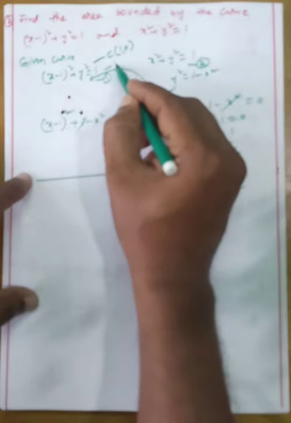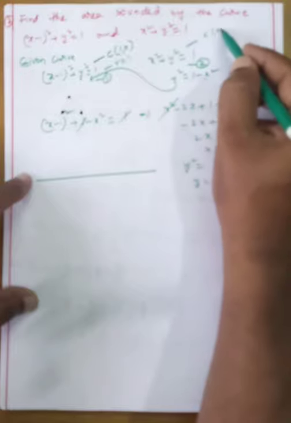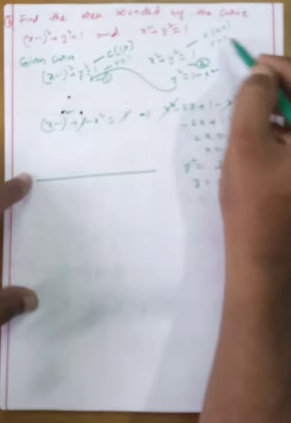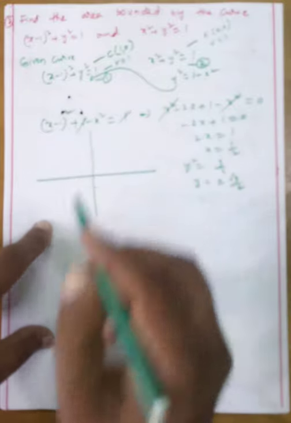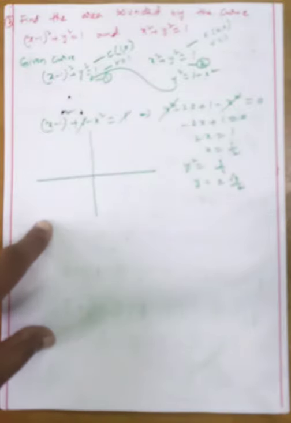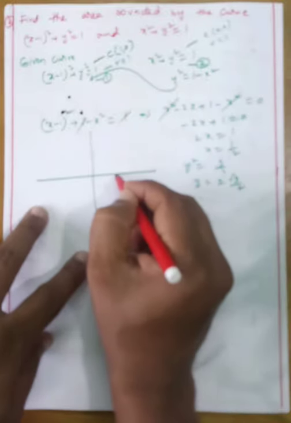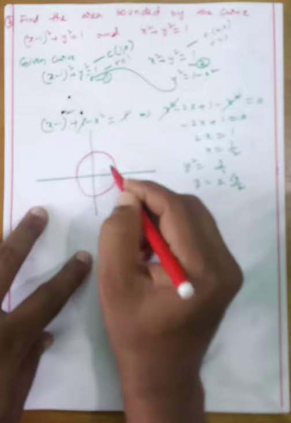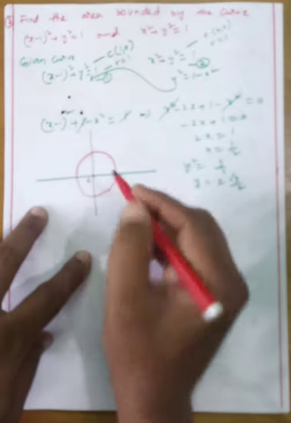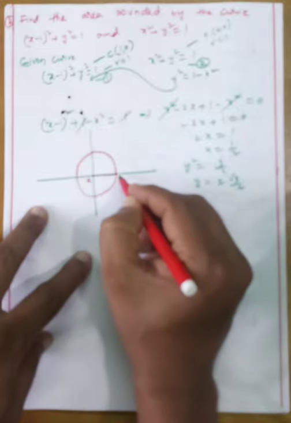Here this radius is equal to 1. The center of the other circle is 0 comma 0, and this radius also is equal to 1. Now first you draw the circle. Center is 0 comma 0, radius is 1. This is the origin, radius is 1, so this is 1 comma 0.